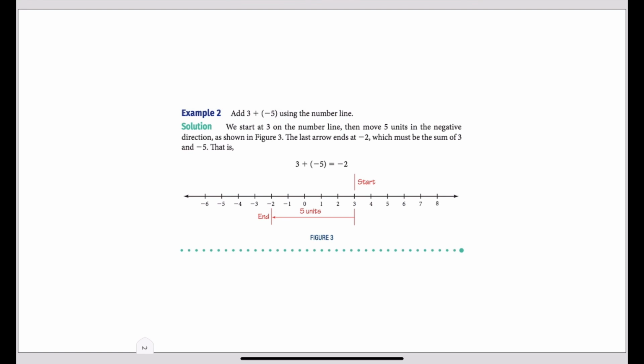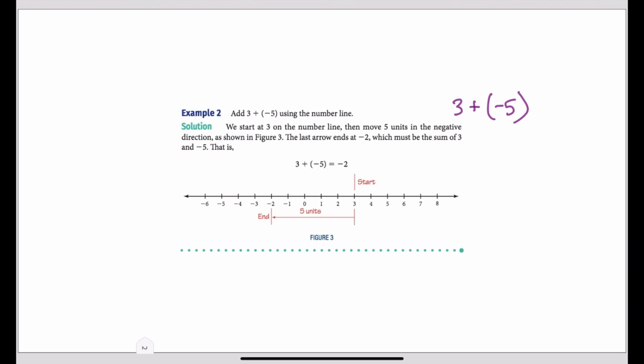If we want to add two numbers, a really nice way to think about it is using the number line. So let's follow this example here. If we want to add 3 plus negative 5, let's suppose I put this into a real world scenario.